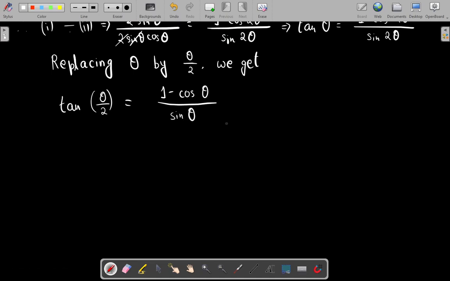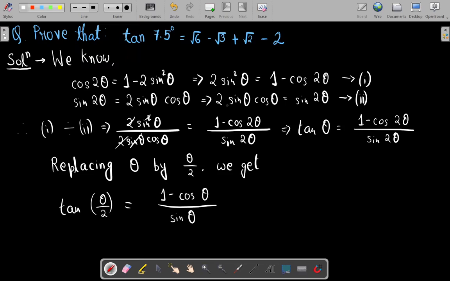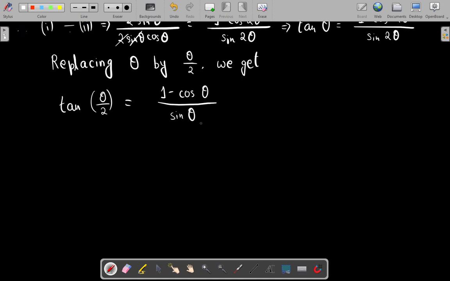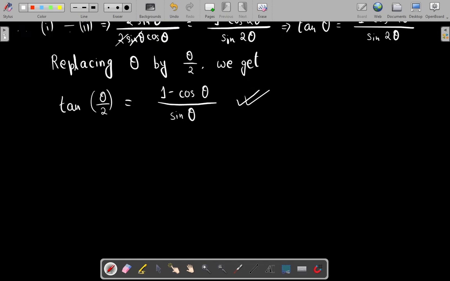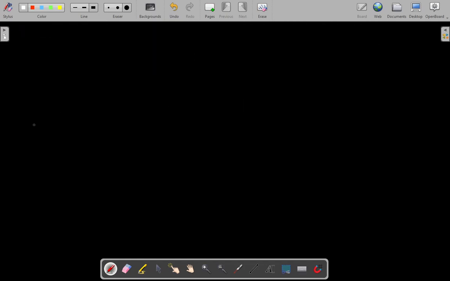So this is an expression for tan of half angle in terms of a standard angle, or let's say multiple angle. This expression will be used while evaluating the value of tan 7.5 degrees. So let us now start.